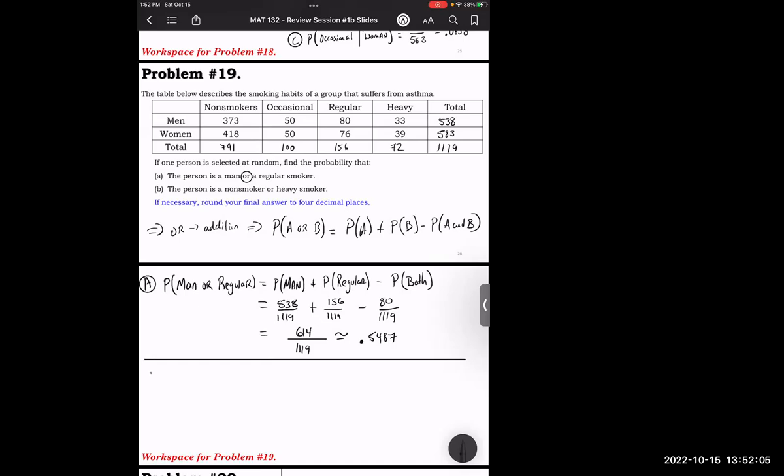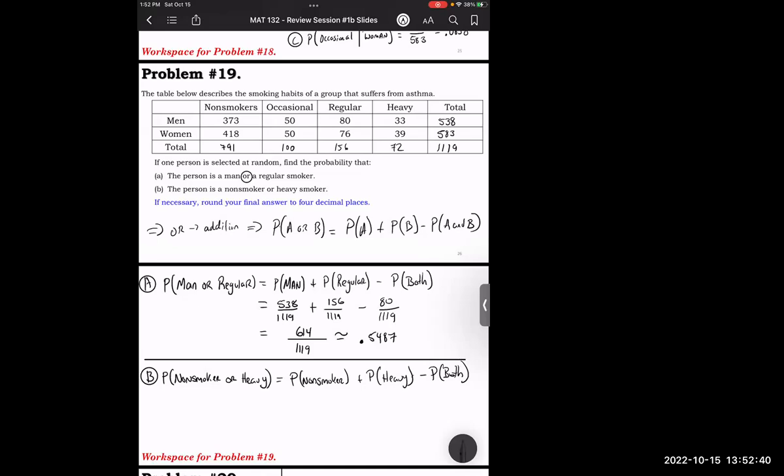Okay, let's look at part B. Part B states that the person is a non-smoker or heavy smoker. So we do the probability of non-smoker or heavy. This is equal to the probability of getting a non-smoker plus the probability of getting a heavy smoker minus the probability of both.